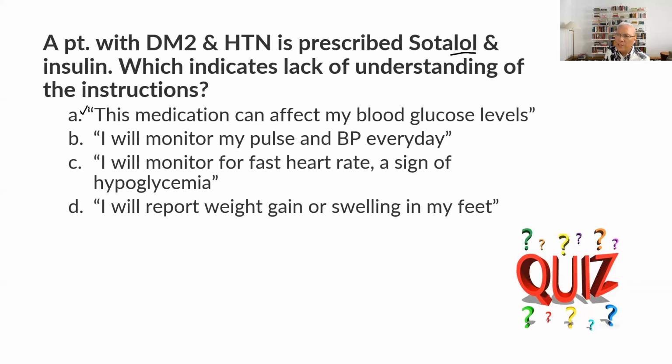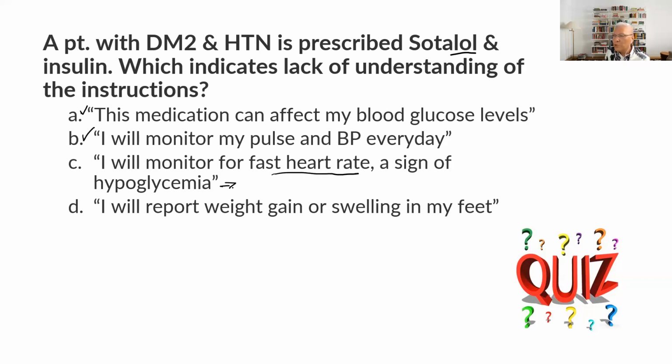We said that it does, doesn't it? It also masks the signs and symptoms of hypoglycemia. I will monitor my pulse and BP every day. Yes, this would be a good intervention because it decreases the pulse rate as well as it decreases the blood pressure. And I will monitor for fast heart rate, a sign of hypoglycemia.